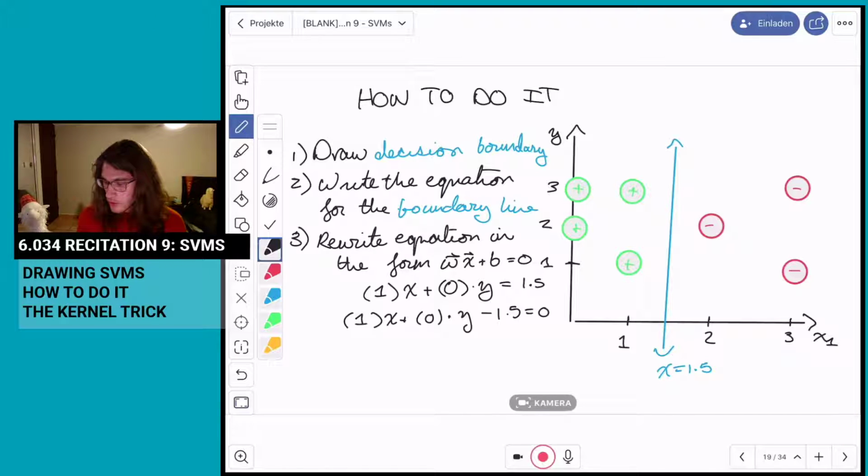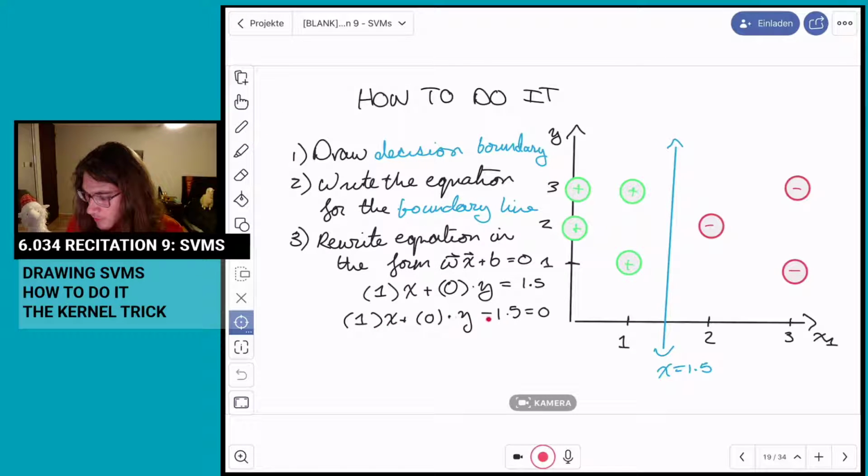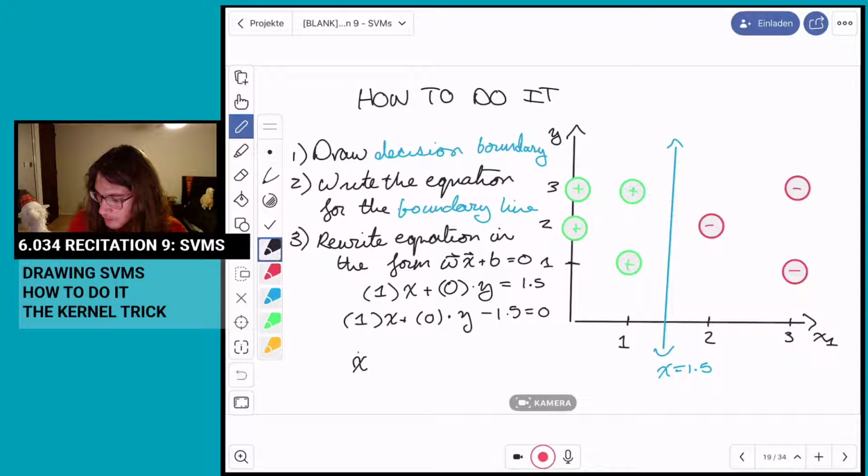What I'm going to do is repackage this equation. You remember how we were defining a vector x in neural networks and in KNNs as a vector of features, right? x1, x2, x3, and so on. So in this case, x is equal to the following two features, x and y.